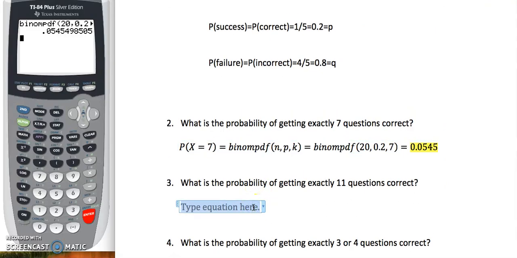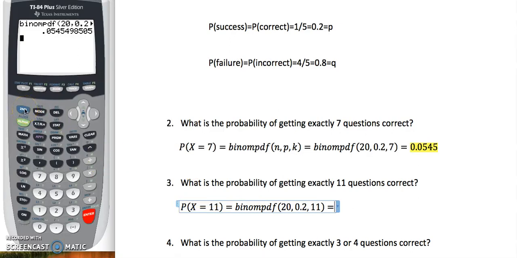So next question, what is the probability of getting exactly 11 correct? Well, once again, we're looking for a very precise number of successes, right? Exactly 11. So we're going to use binomial PDF. You put in first the fixed number of trials, which is 20. The probability of success in a single trial is 0.2, and exactly 11 questions.